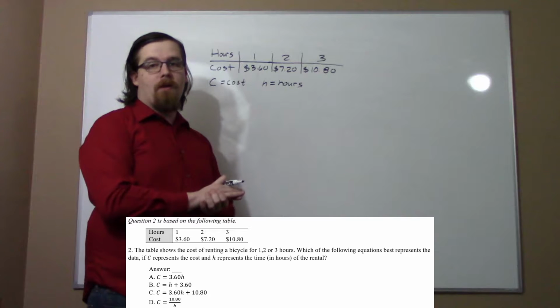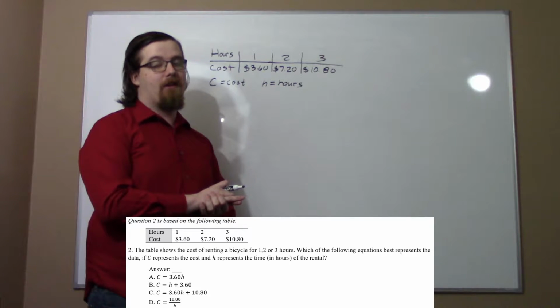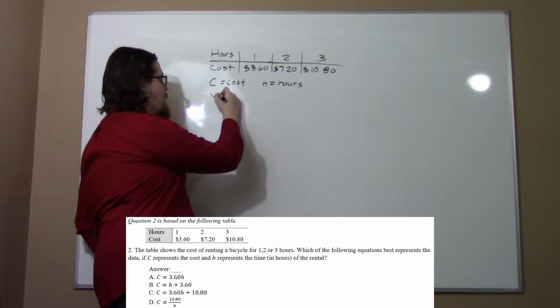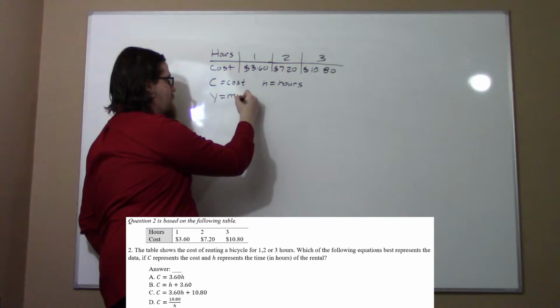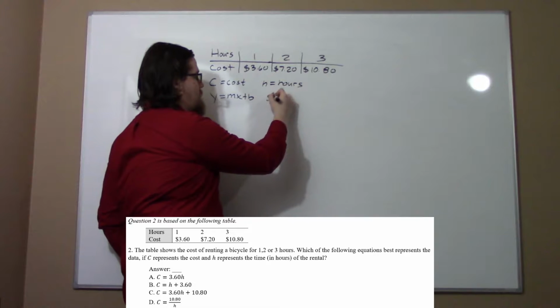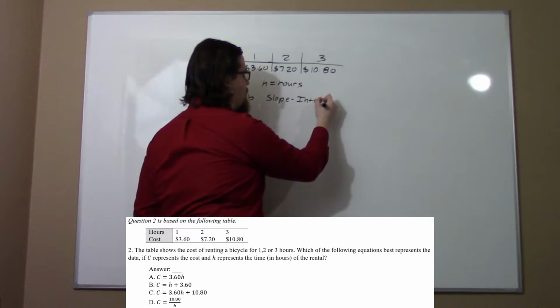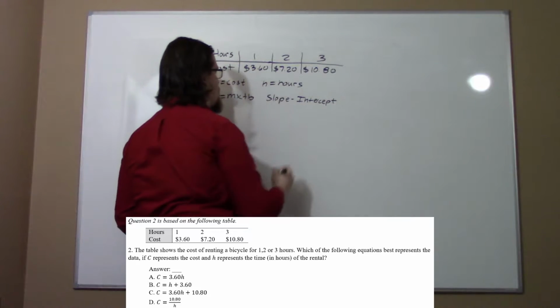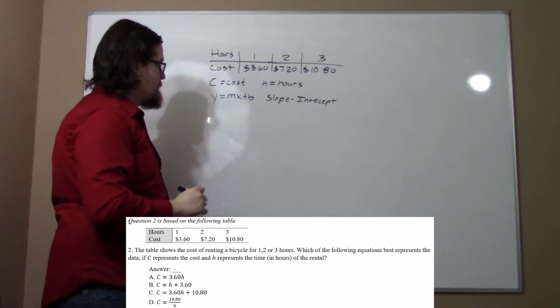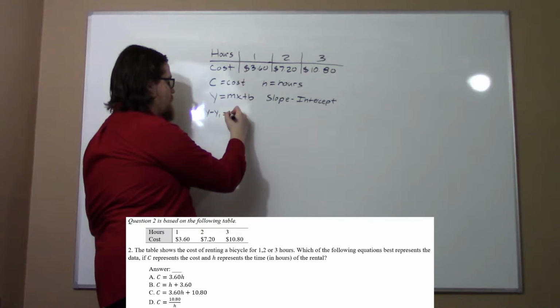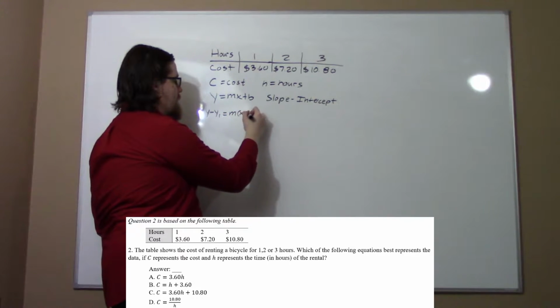Now, there are several ways to write the general form for a linear equation. The first and most common that you'll see is y is equal to mx plus b. This is the slope-intercept form for a linear equation. We also have a couple of others that might come into play. We have y minus y1 is equal to m times x minus x1.